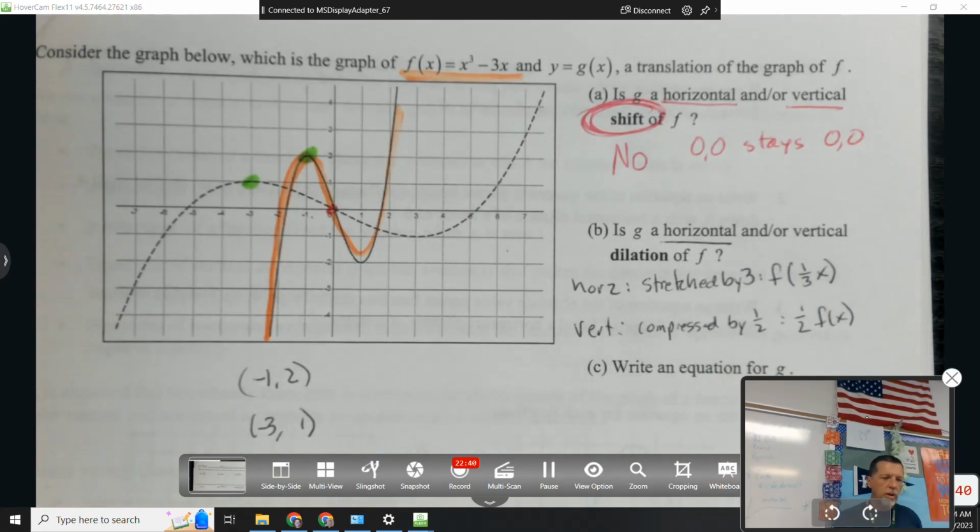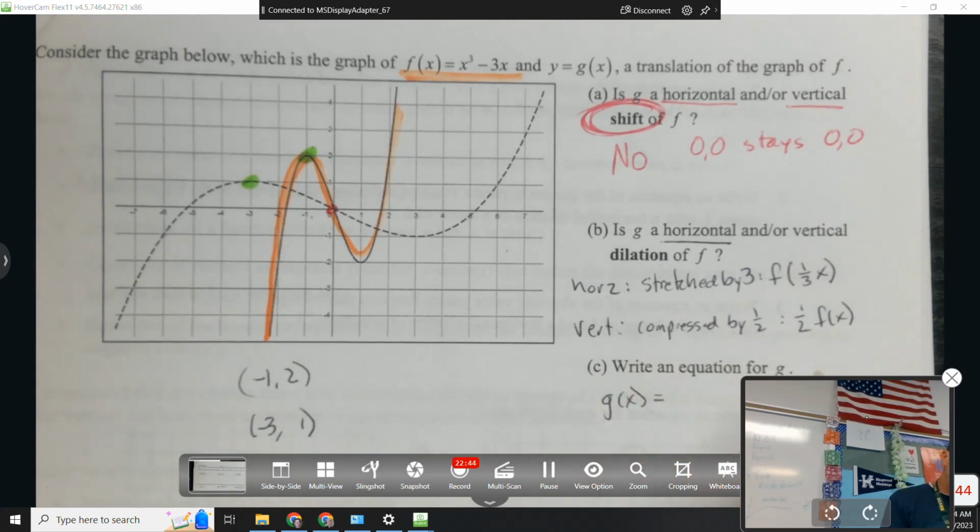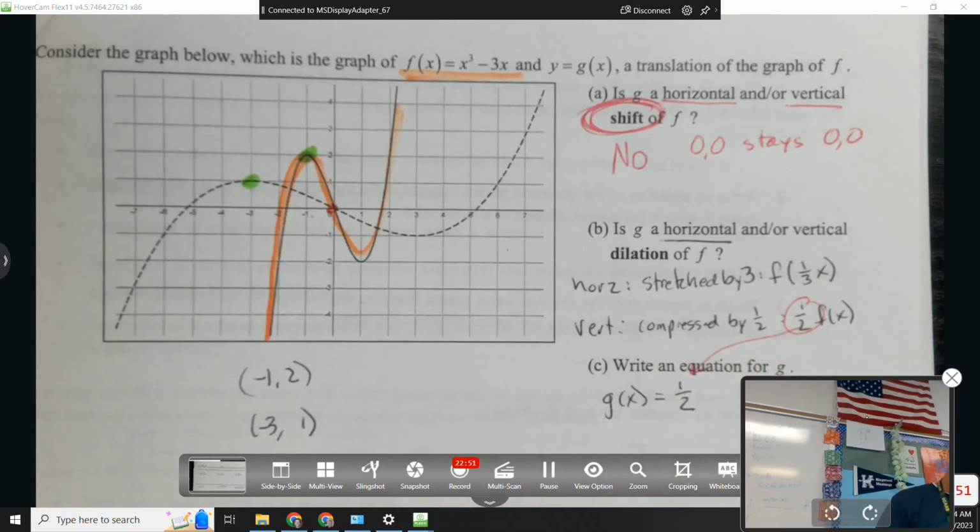So write an equation. Now I need to incorporate both of those. I need the 1/2 out front for the vertical stuff, but I need the 1/3 on the inside for the horizontal stretch.